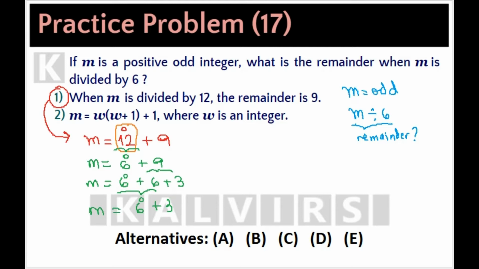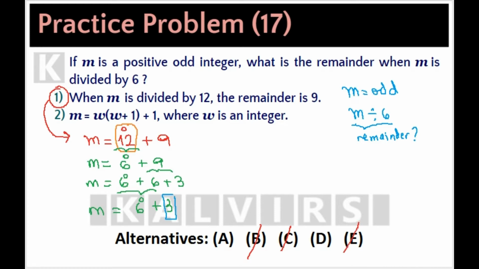Therefore m is a multiple of 6 plus 3. Finally, the remainder when m is divided by 6 is always 3. Statement 1 alone is sufficient. Therefore, alternatives B, C, and E are eliminated.